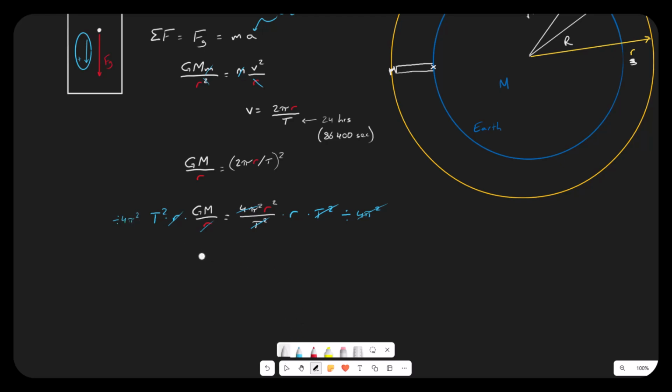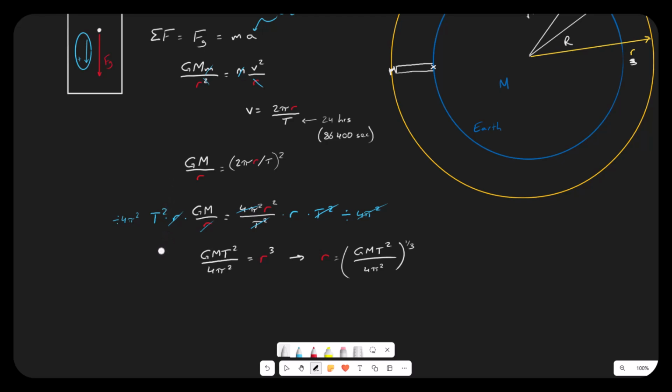So that leaves my left side as G M T squared over 4 pi squared. And it leaves my right side: I had an r squared, I picked up one more, so that's going to be an r cubed. Which means my r is going to be G M T squared over 4 pi squared, all to the 1/3 power.